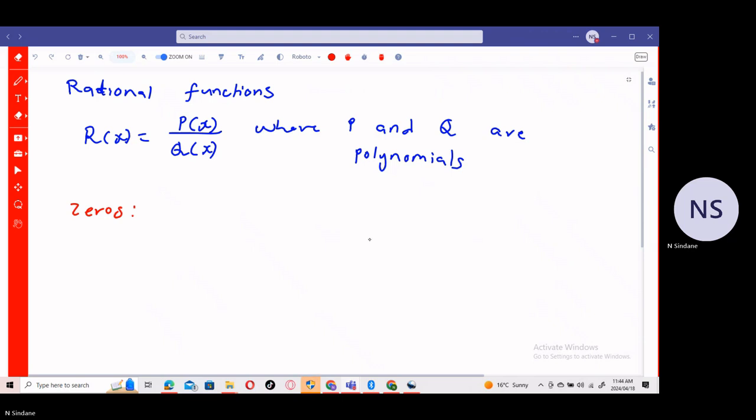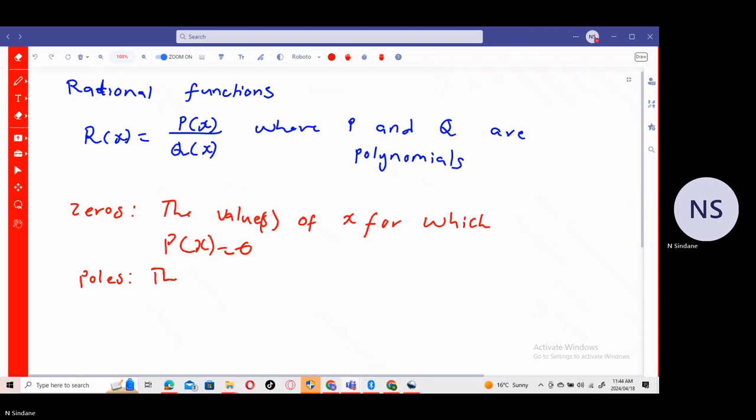The zeros are the values of x for which P of x equals 0, and the poles are the values of x for which Q of x equals 0.